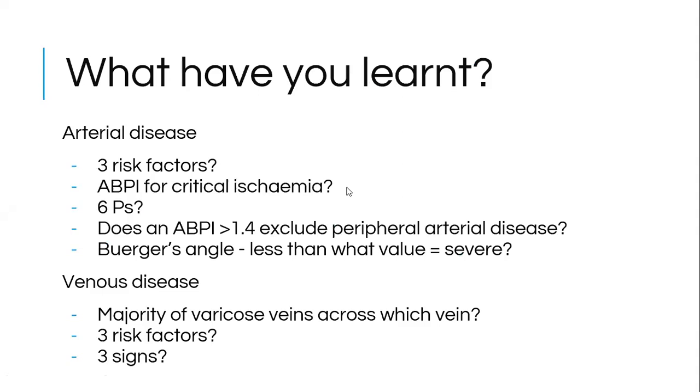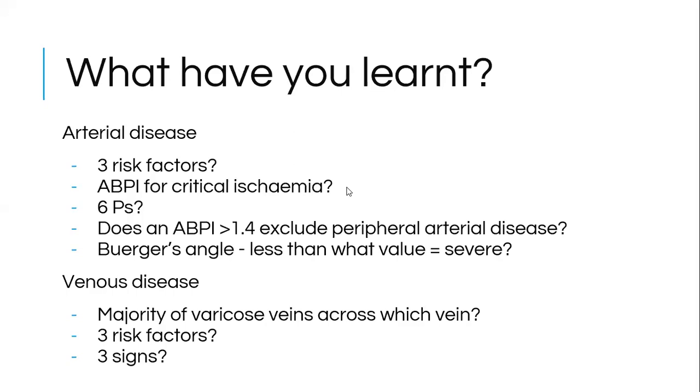So your big ones are your smoking, your diabetes, your hypertension. Do you guys remember what the number for your ABPI for your critical ischemia is? Less than, okay, so less than 0.3 is generally your cutoff. Some people say 0.5 if you've also got these other symptoms that people are worried about.